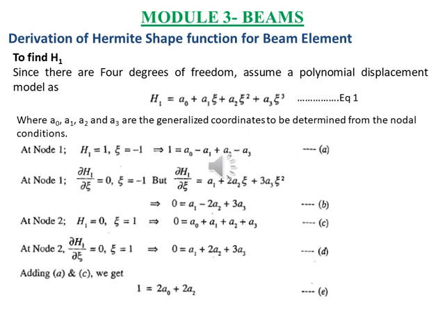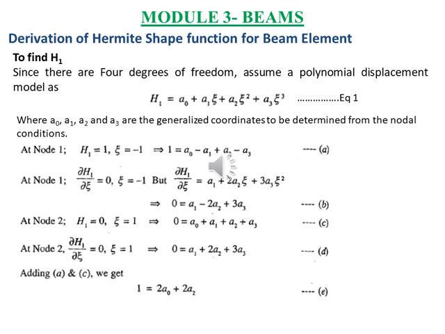Similarly at node 1 the differential of h1, del h1 by del neta, is equal to 0 and neta is equal to minus 1. So we can write del h1 by del neta is equal to a1 plus 2a2 neta plus 3a3 neta square. So substituting the value of neta as minus 1 in this equation, we get 0 is equal to a1 minus 2a2 plus 3a3.